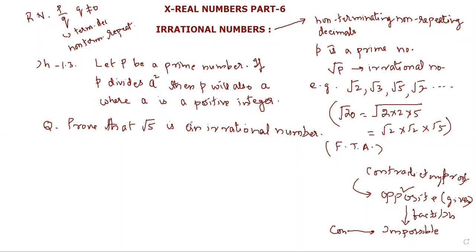So similarly here we have to prove that under root 5 is an irrational number. So we will suppose that it is a rational number. Let under root 5 be a rational number.